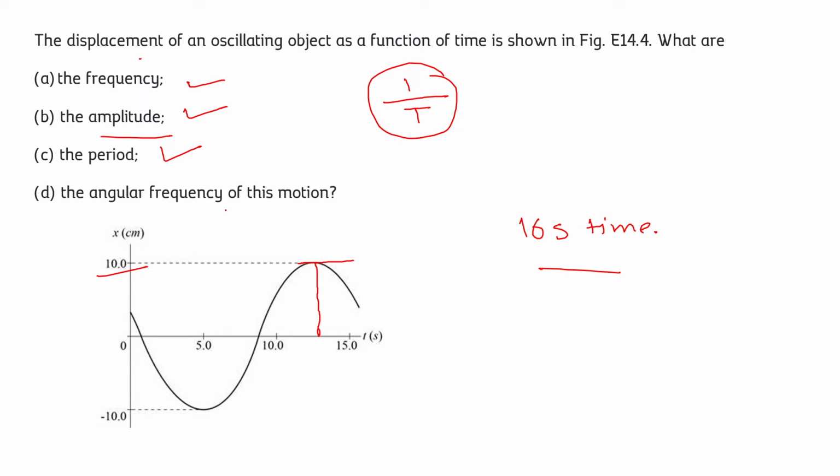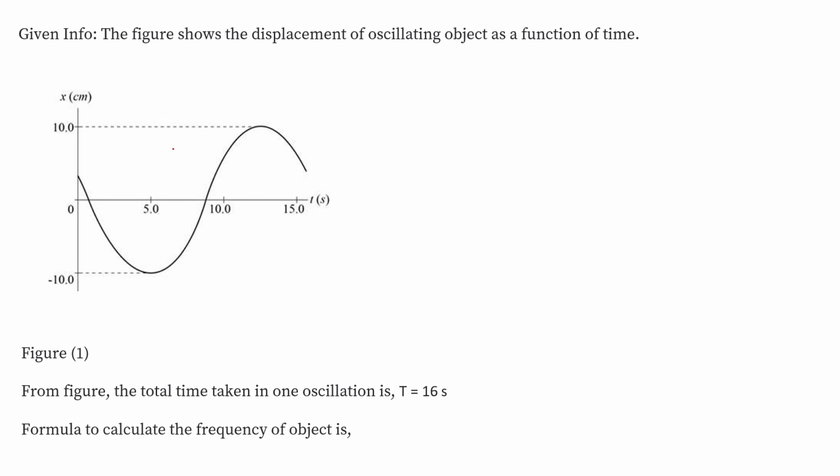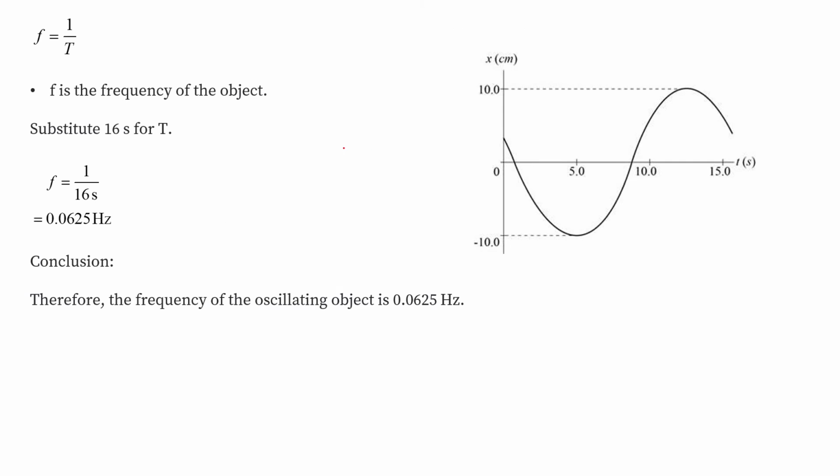And the angular frequency of motion can be calculated as the total angular displacement, which is 2 pi, divided by the total time required, or we can write it as 2 pi f also. So from here, we will calculate the frequency, where the total time taken in one oscillation is 16 seconds. So we can write one oscillation divided by the total time taken, which is equal to the frequency of this object.